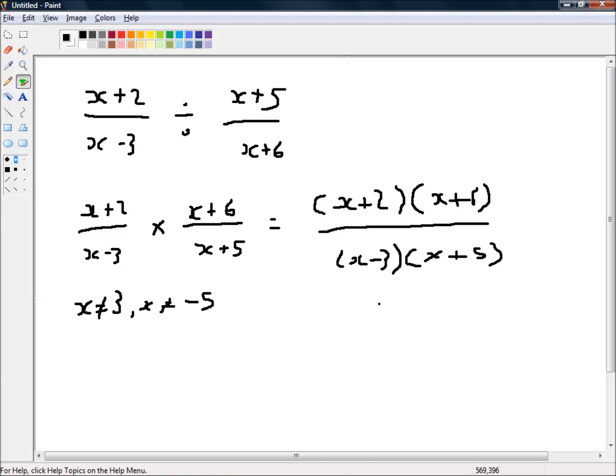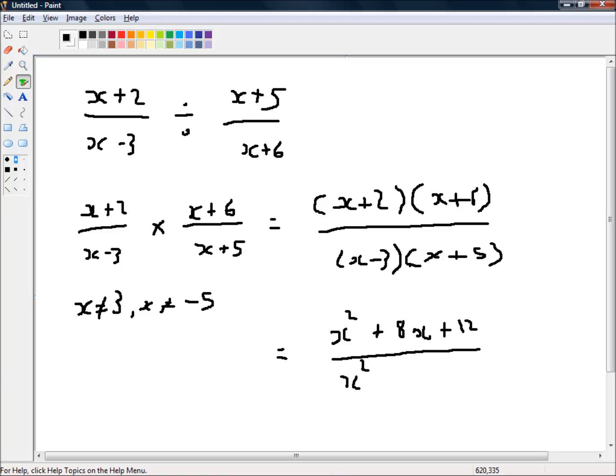And if we like, we can expand out the brackets. So that's x times x is x squared. x times 6 is 6x, 2 times x is 2x, 6x plus 2x is 8x. And then 2 times 6 is 12. And that's all over x times x is x squared.